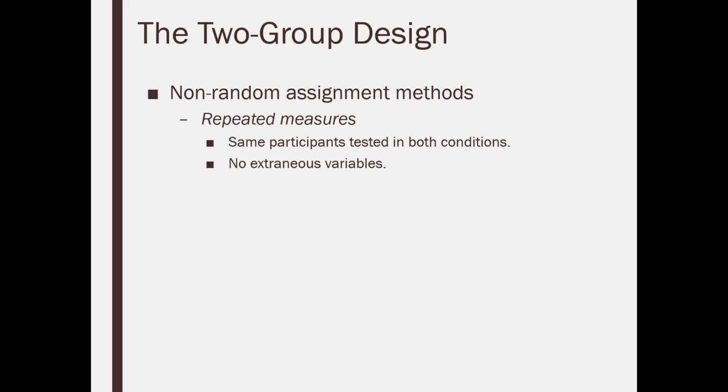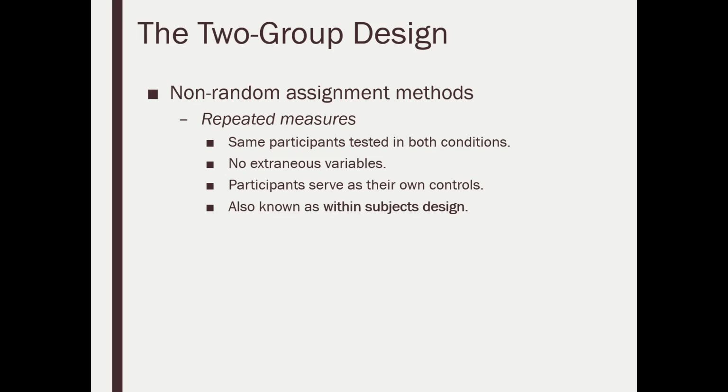The groups are by definition equal at the beginning when you do repeated measures because you're testing the same participants in both conditions. So it's really powerful. You get rid of all those extraneous variables. You allow your participants to serve as their own controls, whatever that means, whether it's a placebo type situation or if it's really just this instruction versus that instruction or something like that.